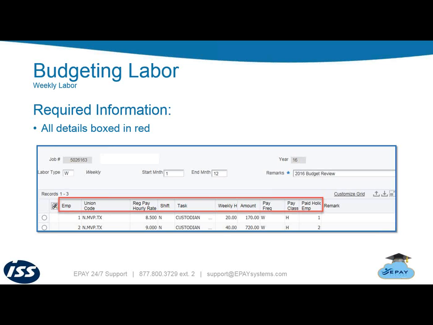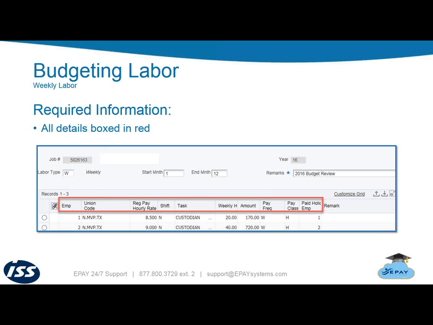Now, please keep in mind that in order to group more than one employee on one line, they will need to make the same hourly rate, work the same shift, have the same task description, work the same amount of weekly hours, and have the same pay class.